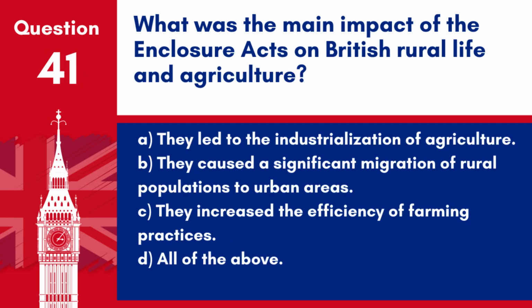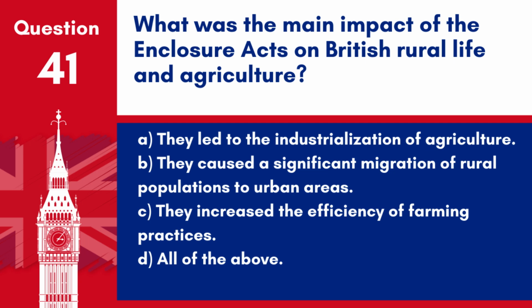Question 41. What was the main impact of the Enclosure Acts on British rural life and agriculture? A. They led to the industrialization of agriculture. B. They caused a significant migration of rural populations to urban areas. C. They increased the efficiency of farming practices.